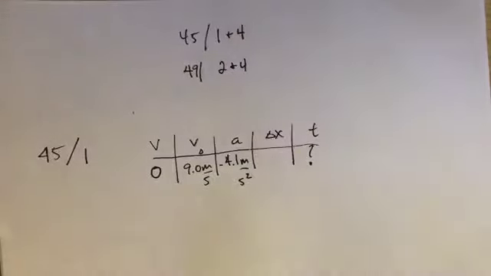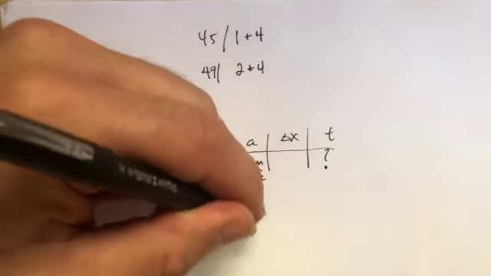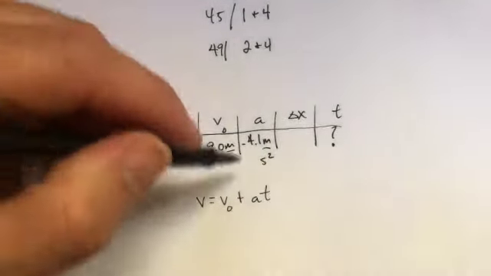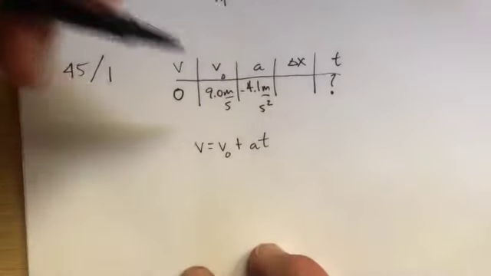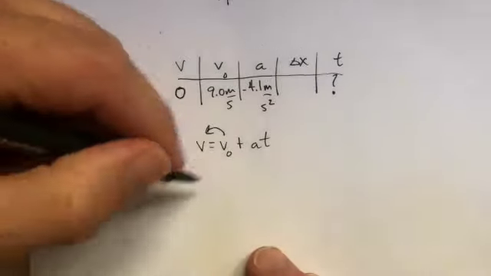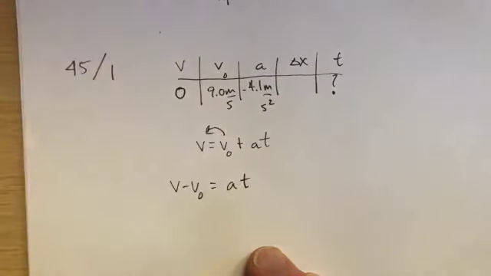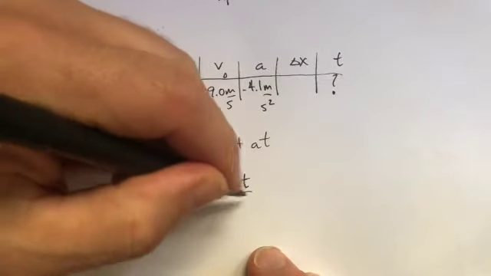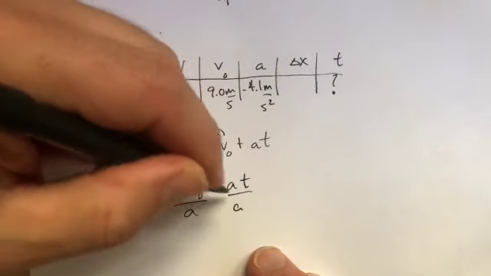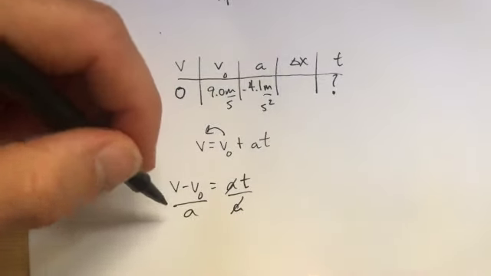So now step 3, writing down the correct equation: V equals V naught plus AT. I want to solve for T, so I'm going to move V naught over to this side. Now it becomes V minus V naught equals AT. I'm going to divide both sides by A. And so now I have T equals V minus V naught over A.